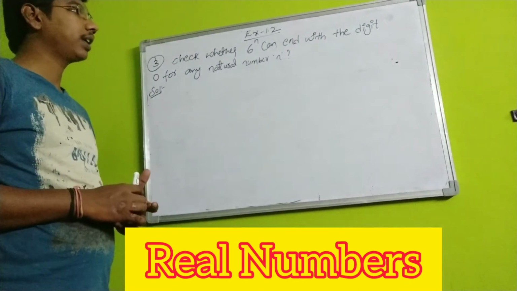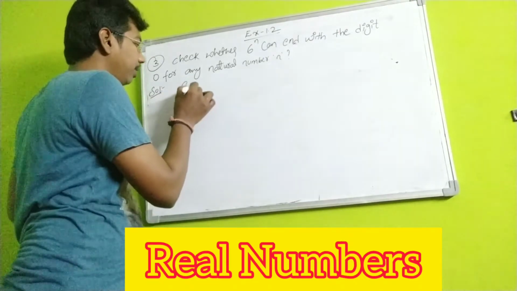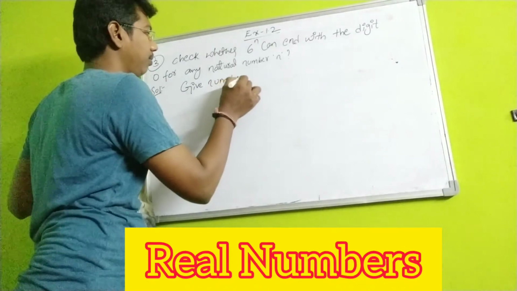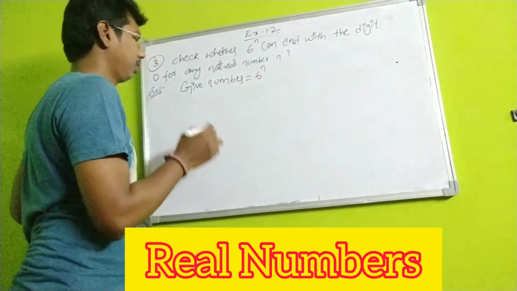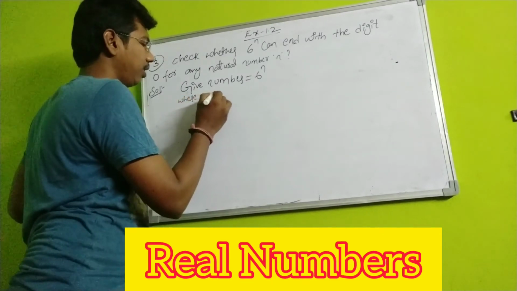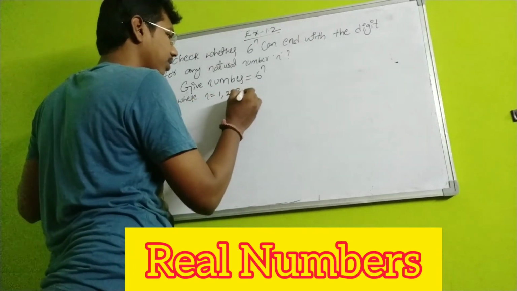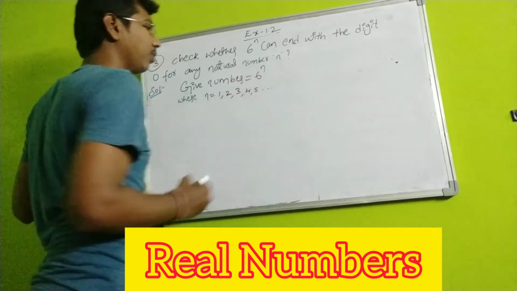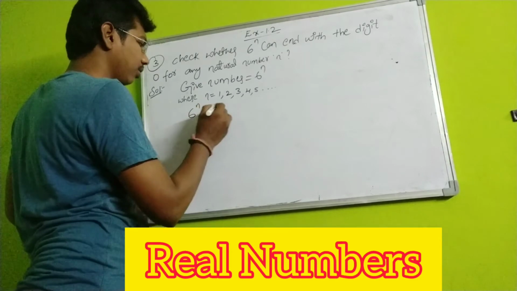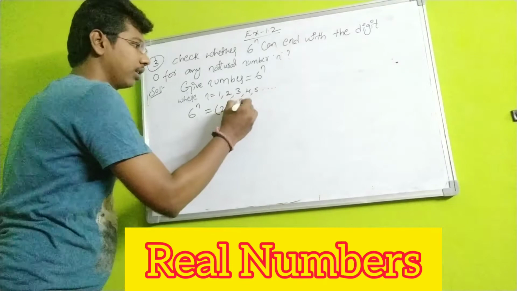Check whether 6 power n can end with the digit 0 for any natural number. First write the given number is equal to 6 power n, where n is a natural number, students. Natural numbers start from 1 and so on: 1, 2, 3, 4, 5, and so on. Now 6 power n is equal to, write the prime factors of 6, that is 2 into 3, whole power n.